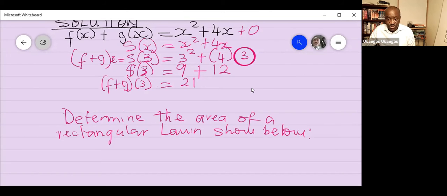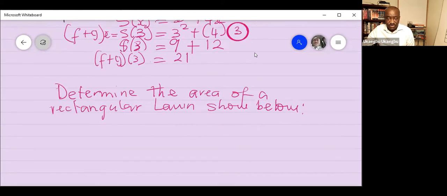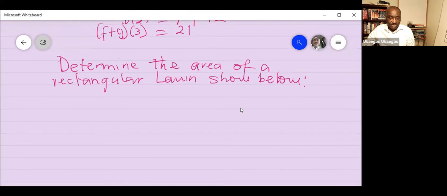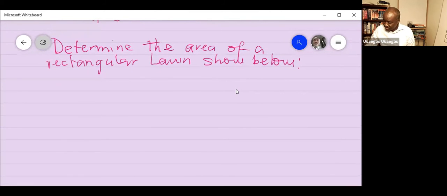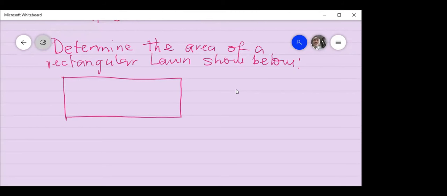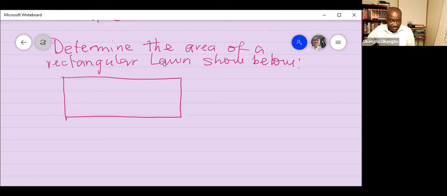A rectangular lawn could be your football field. It could be your table. It could be anything. Bottom line, it is rectangular. Lawn, how do you spell it? L-A-W-N.